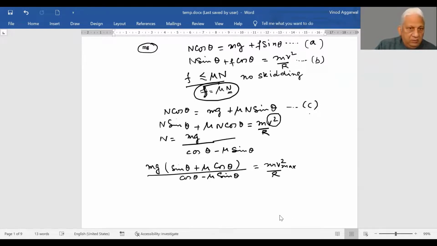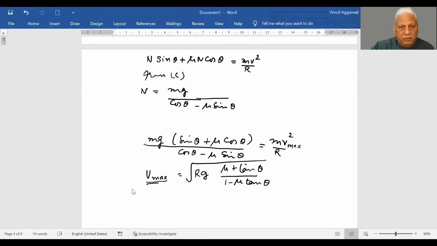Or we can write Vmax equal to the square root of R G (...) whole another root.